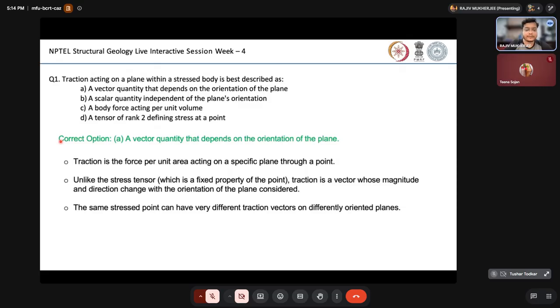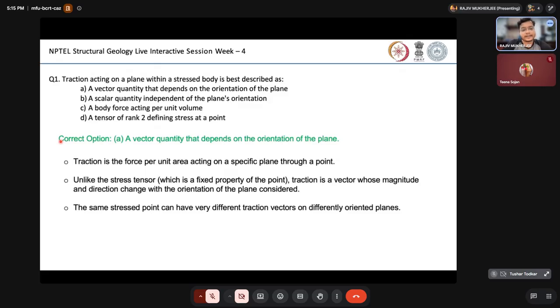So if I repeat again, a scalar is only magnitude with zero components for direction. That is why it is a zero rank tensor. A vector has magnitude plus one component of direction, and that is why it is a rank 1 tensor, also known as a vector.